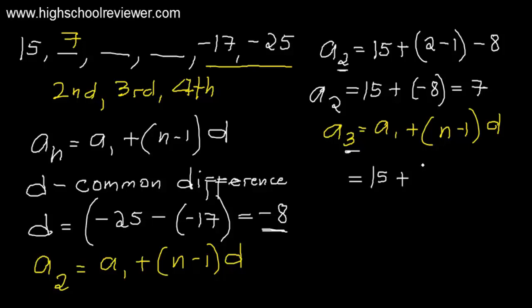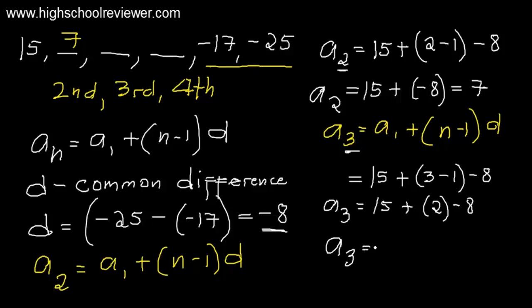Our n here is 3, so 3 minus 1 multiplied by d, which is negative 8. So a sub 3 is 15 plus 3 minus 1, which is 2, multiplied by negative 8. So a sub 3 would be 15 plus, negative 8 times 2 is 16, so negative 16.